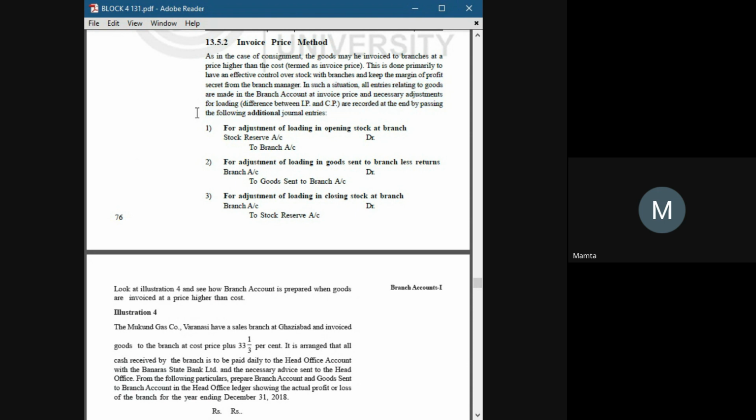As in the example, a unit costs 100 bucks at cost price and its invoice price is 125. When you deduct 100 from 125, the difference is 25 bucks. That 25 bucks is known as loading. The difference between invoice price and cost price is loading.